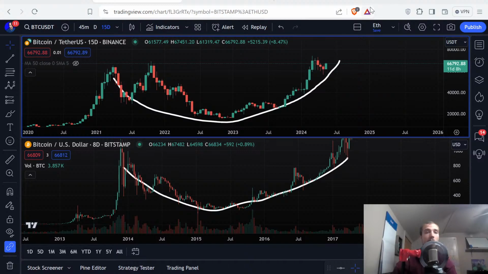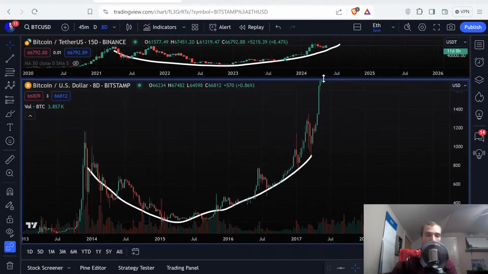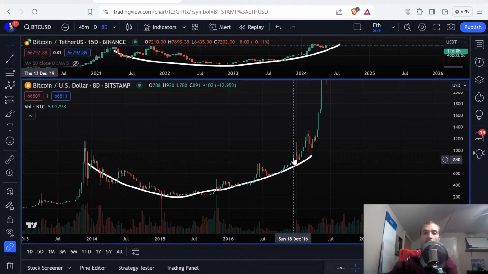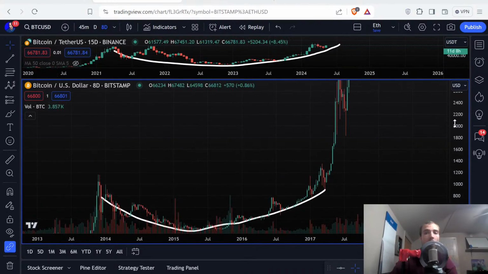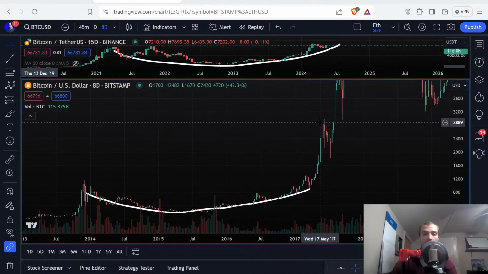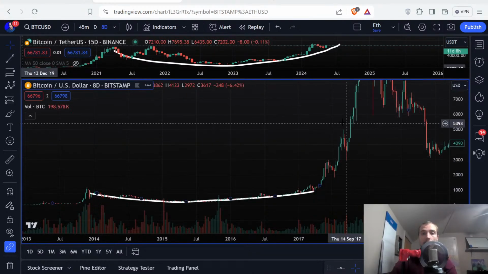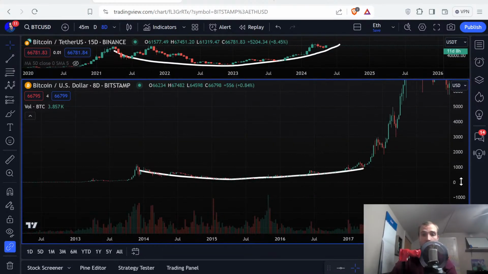This is a massive rounded bottom pattern on Bitcoin right now. When this rounded bottom pattern started, you guys can see that the pullbacks were very small. 30%, 20%, 30%, 20%. It basically went straight vertical all the way to 20,000 per coin.